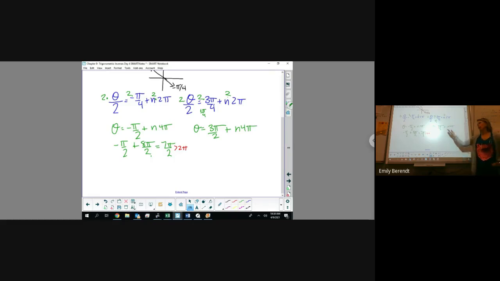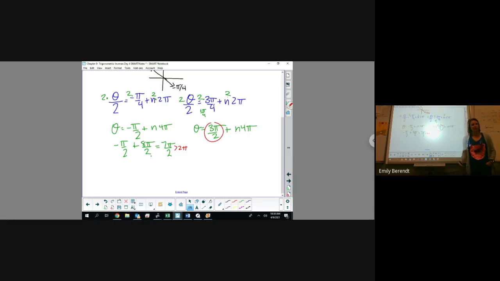So if the angle after the equal sign, when theta is solved, when it's isolated, is greater than 0 but less than 2 pi, you can choose it. Greater than 0? Less than 2 pi? So then it's one of our solutions.